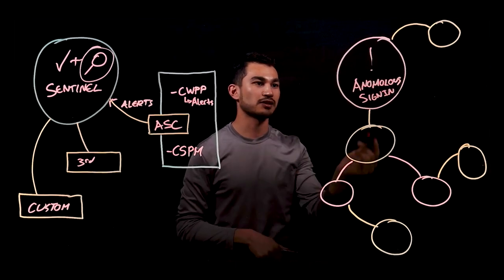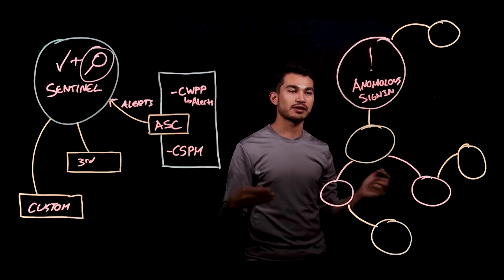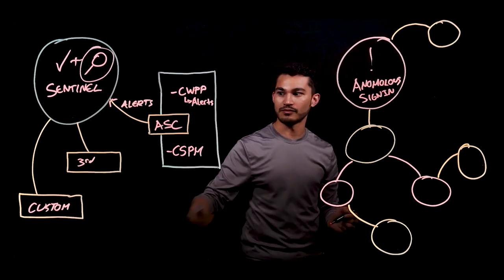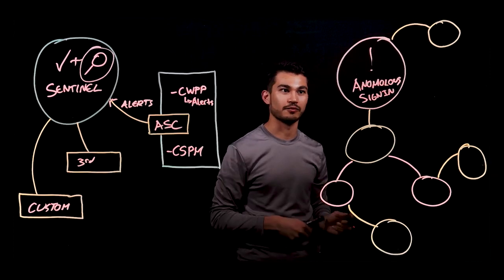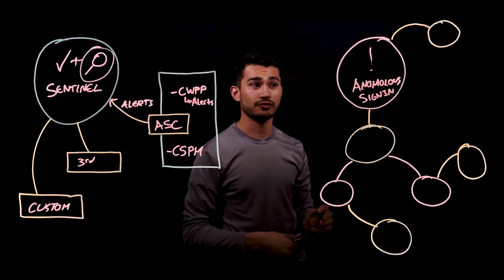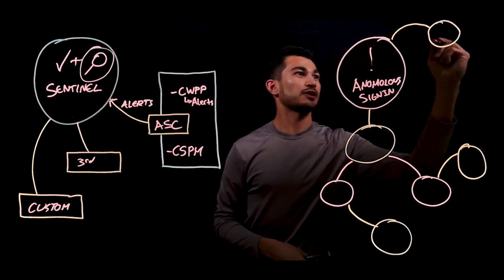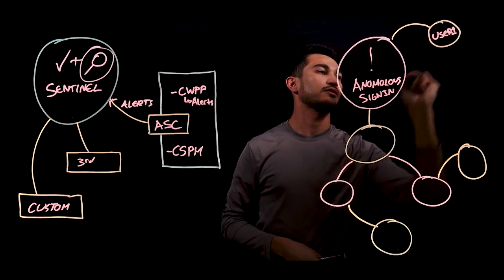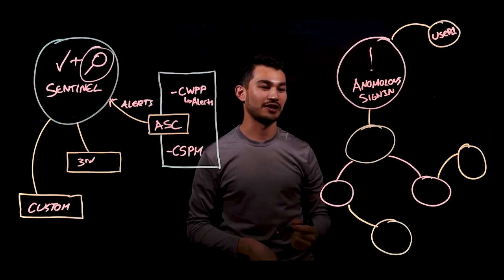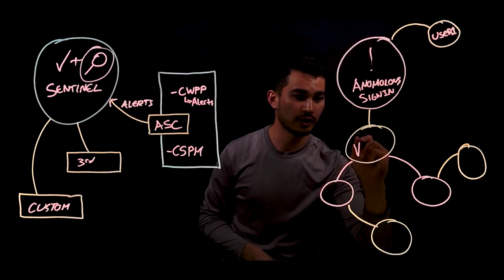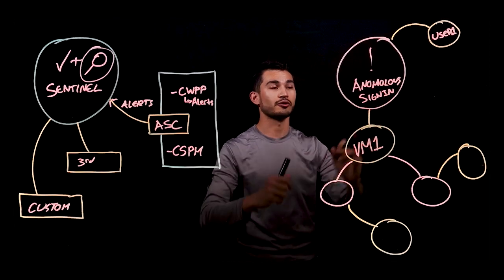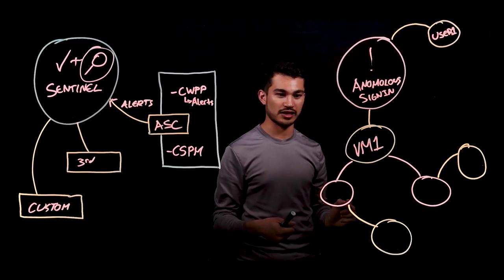So this would come into Sentinel as an incident, but Sentinel would give you more than just that alert that would come from the data sources that it's collecting information for. It would also tell you the context of it. Was there a user that was impacted or relevant to this activity? It would also tell you, was there a virtual machine that was part of this attack as well? This would show up in Sentinel's investigation experience.